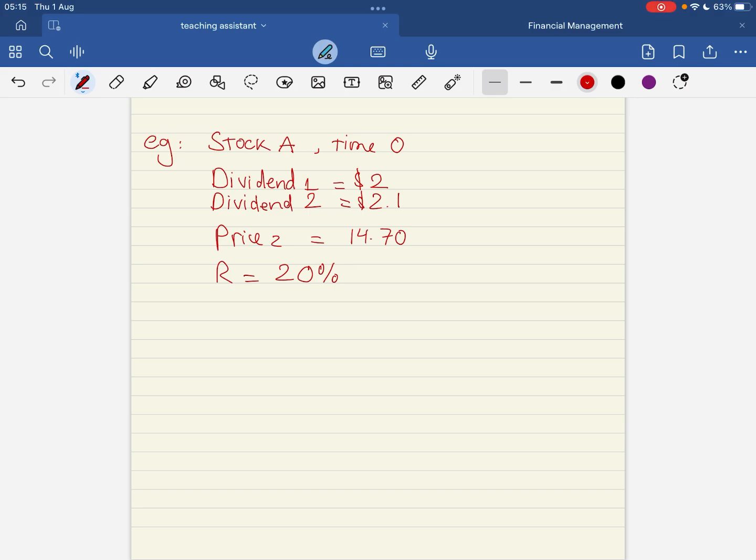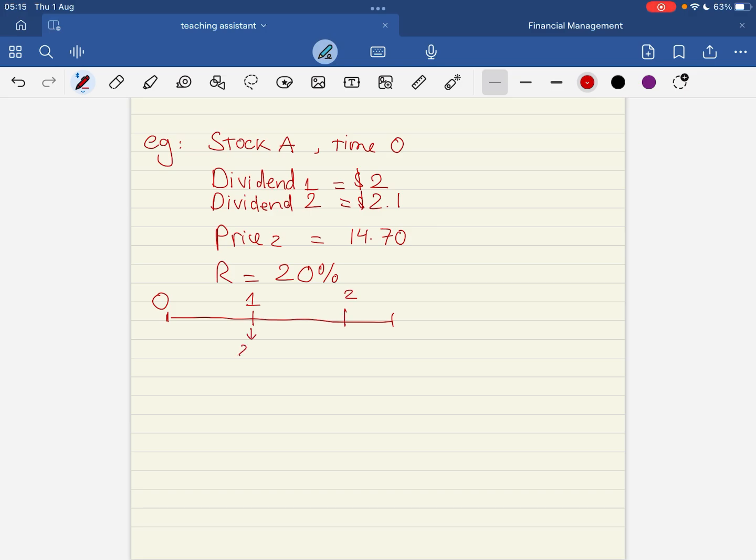We expect that after 1 year, it will pay a dividend of $2. And then a year after that, it will pay $2.1. So the timeline will basically look like this. This is our current time, after 1 year, and after 2 years.